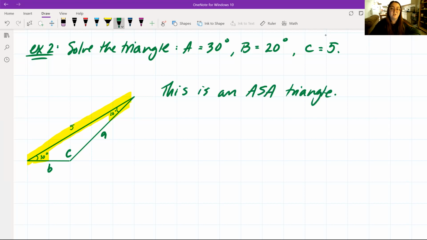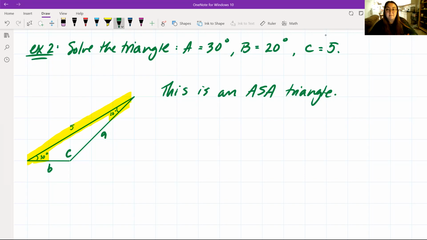As far as computation goes, we're going to do the exact same thing that we did in our last problem, just identifying the difference could end up being a question on some homework, quiz, or exam. So we've identified this as an angle side angle triangle.